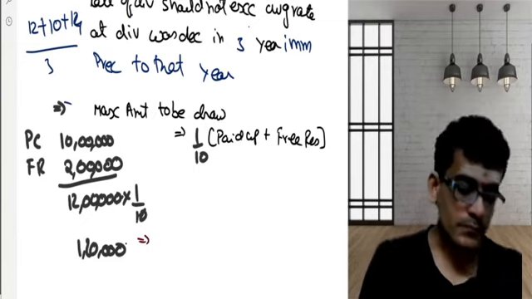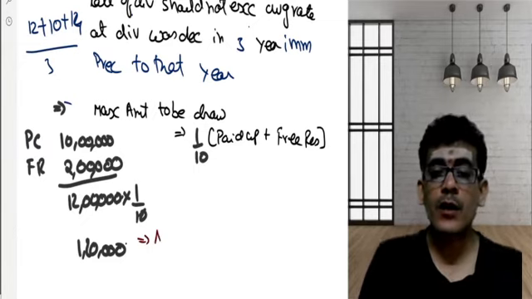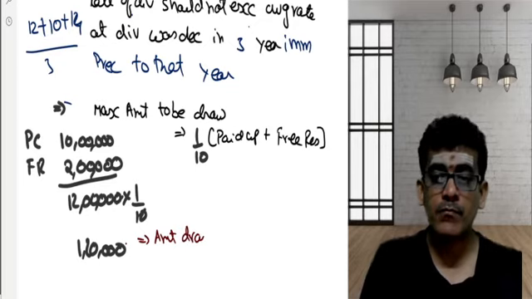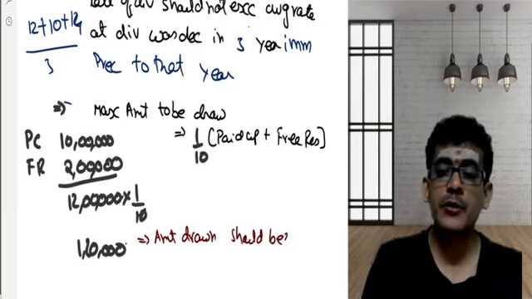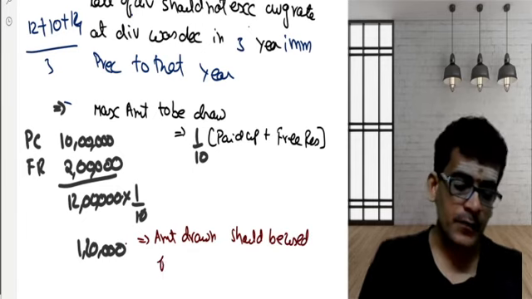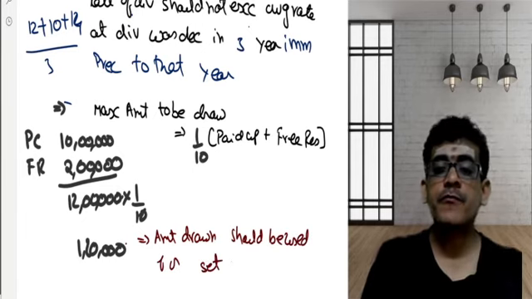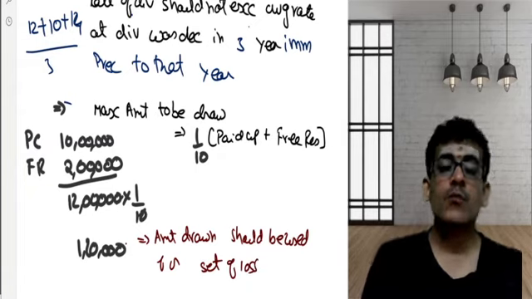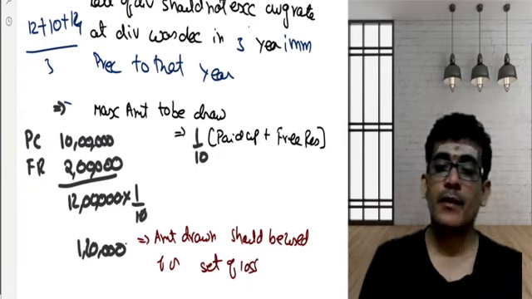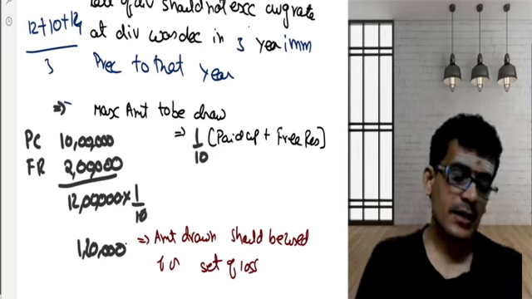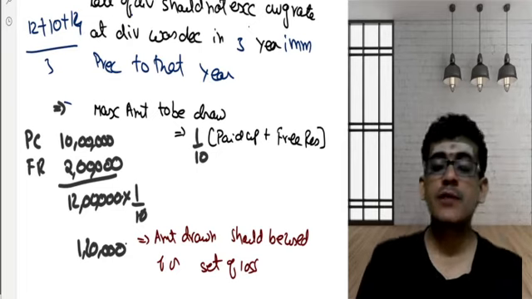The first thing is, whatever amount is drawn should be used to set off loss. Whatever loss you get in the current year, you set off that loss first. Set off the loss incurred in the year in which the dividend is declared.